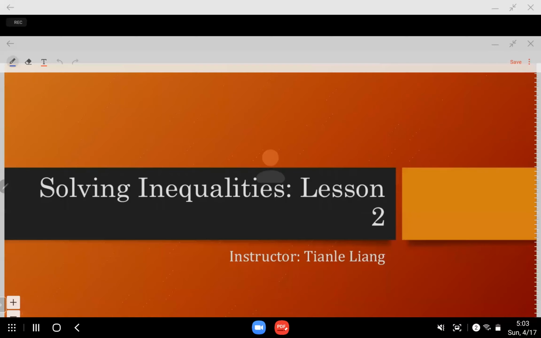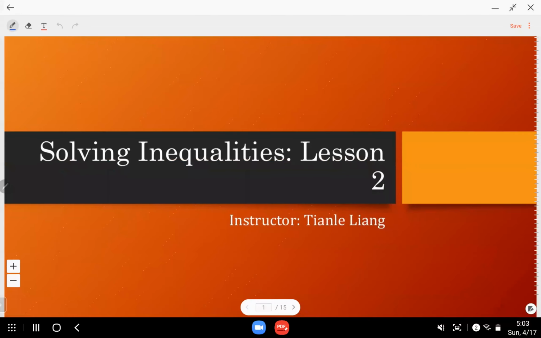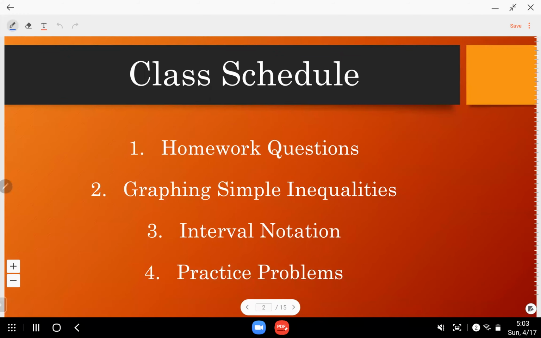Okay, so this is lesson 2 of solving inequalities, pretty easy. Graphing the simple inequalities. The class schedule is: some homework questions, graphing simple inequalities, going over interval notation, and then practice problems.